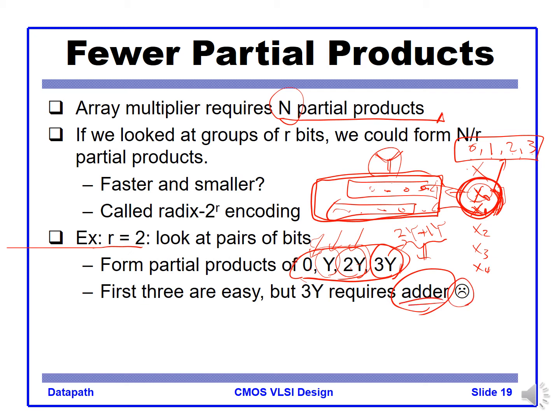So how can we easily generate 3y? An easier way is 4y minus y. We can easily generate 4y by shifting to the left by 2 bits, and y is just the multiplicand itself.